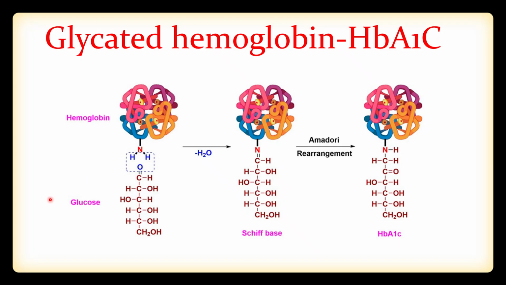Whenever there is a high glucose level in the blood, the amount of HbA1c formed is directly proportional to the amount of glucose. So, increased blood glucose level will lead to increased HbA1c level.